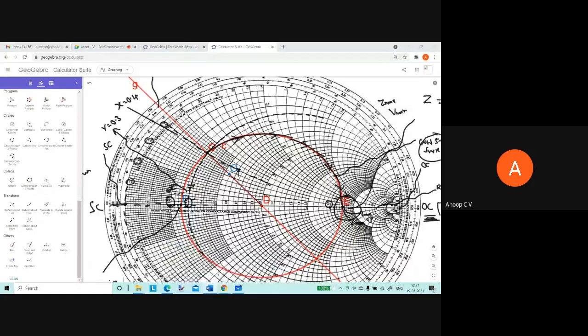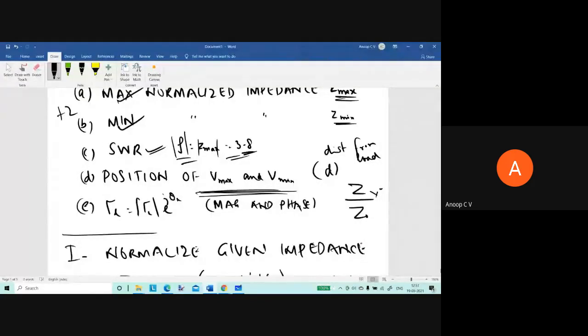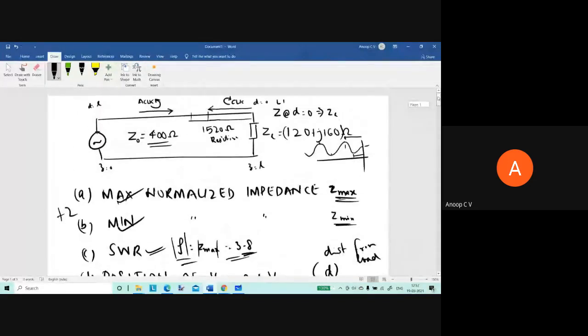I'll show the corresponding thing here. From this load end, if I travel some distance, suppose I see the first maximum here, so that distance D1 is 0.062 lambda.